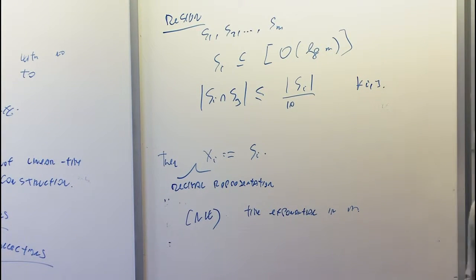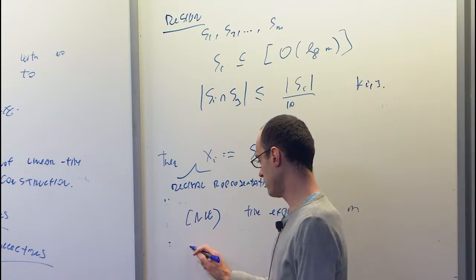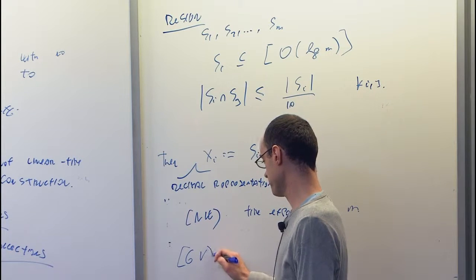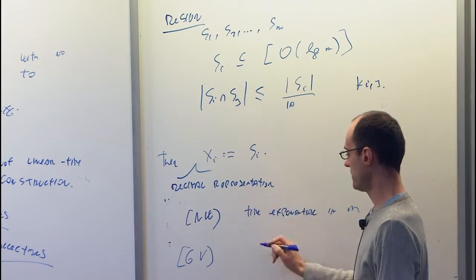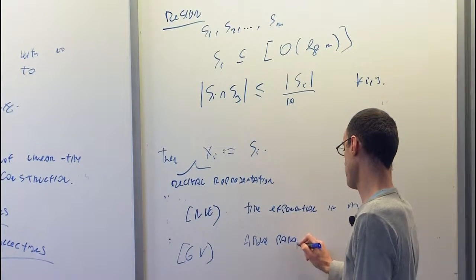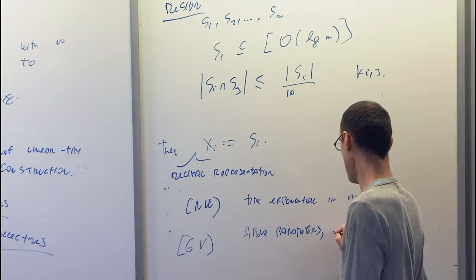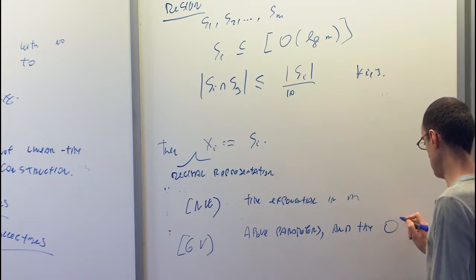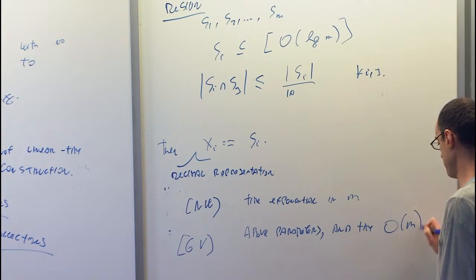So we use a different construction, which we have in this paper from a while back with Gutfreund, with which we can get the above parameters and time of order m.